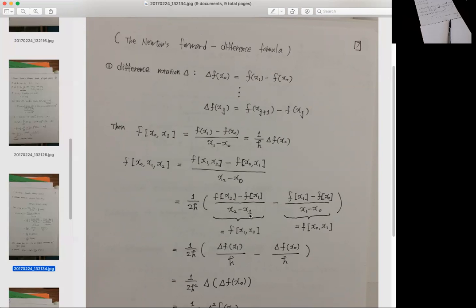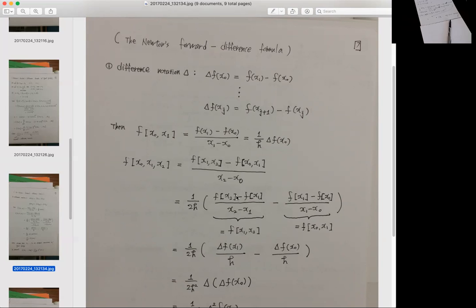Now, f of x2 minus f of x1 is nabla f of x1, and the numerator in the second term is nabla f of x0, right?